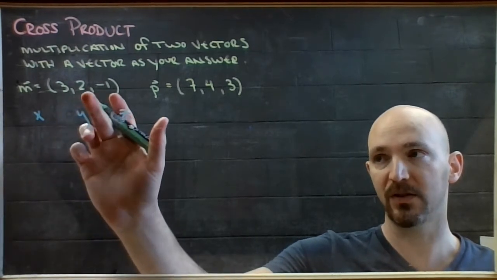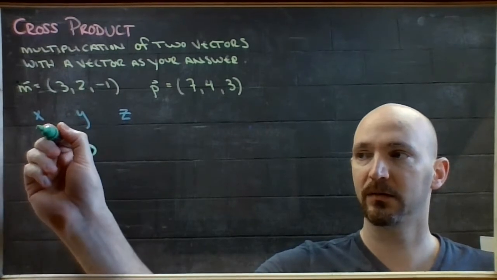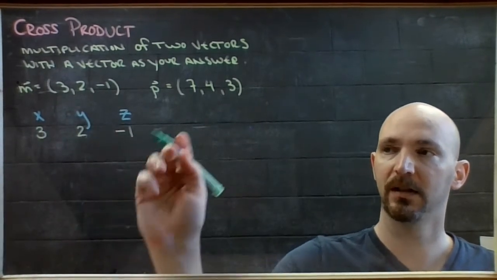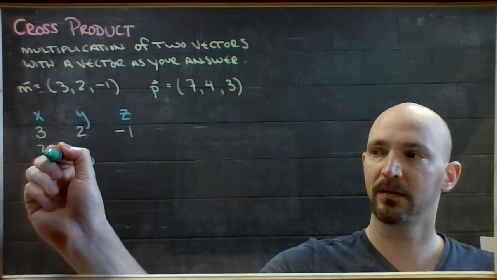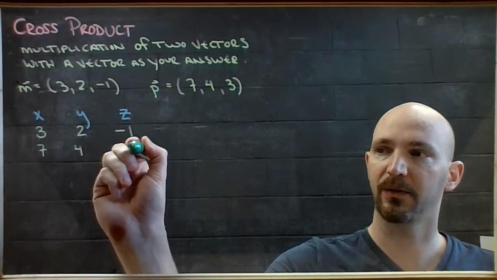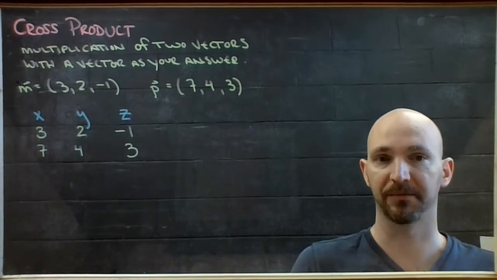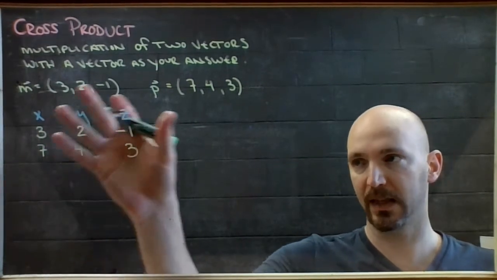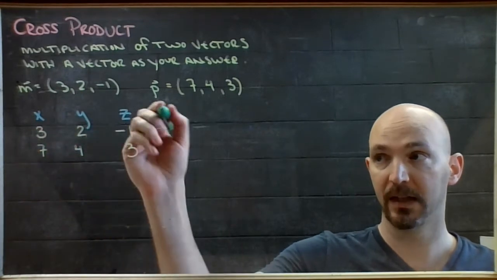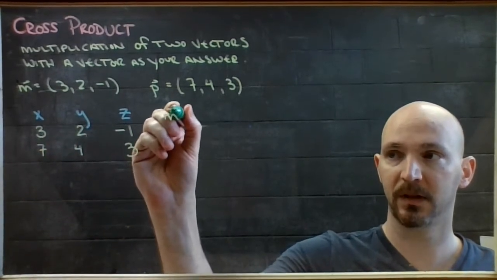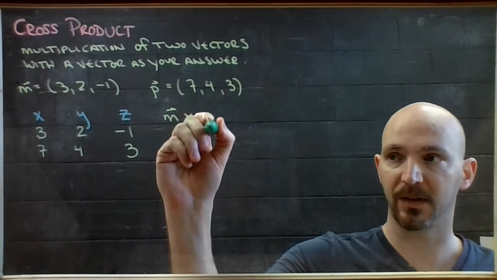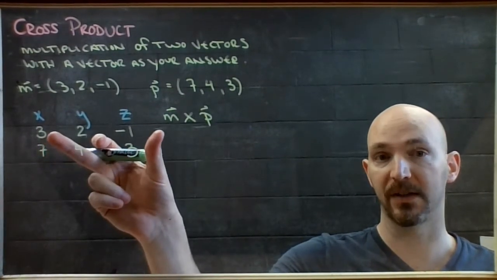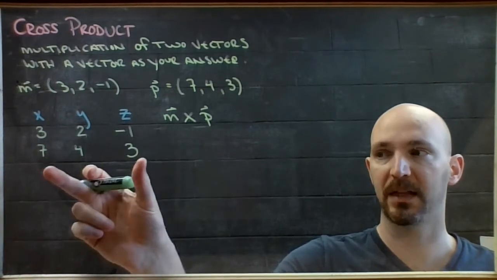So 3, 2, -1 goes here, and 7, 4, 3 goes here. What I'm trying to calculate in this setup is m crossed with p. You notice that m is first, so m is on top. P is second, p goes underneath.